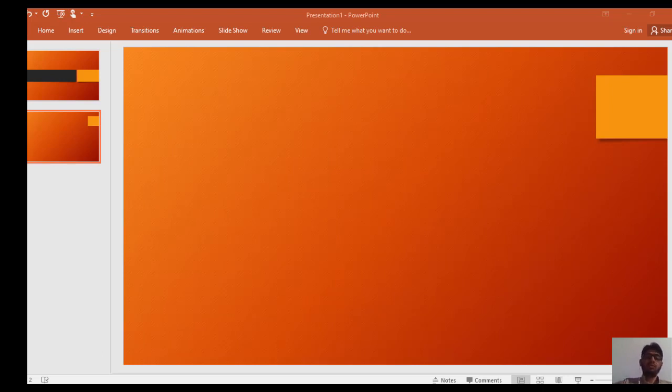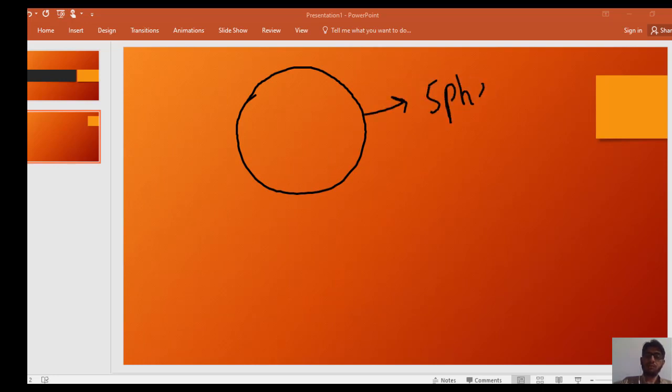Suppose we have a spherical material which is made from copper. Suppose the copper sphere is placed in some hot environment.